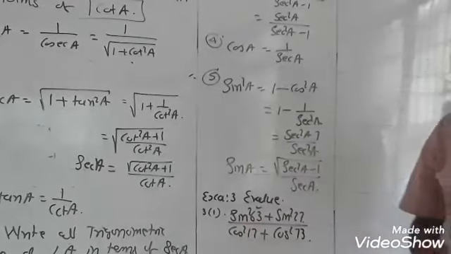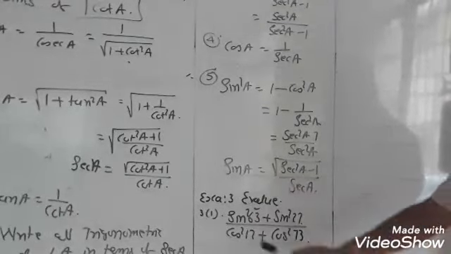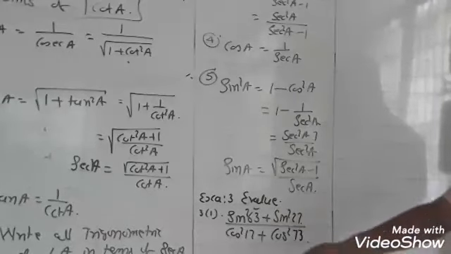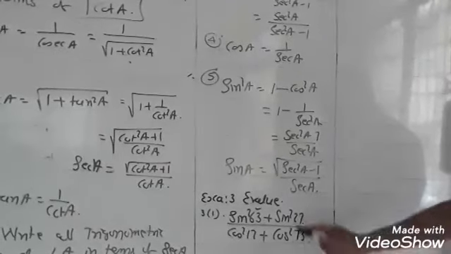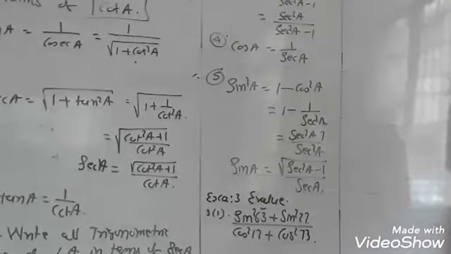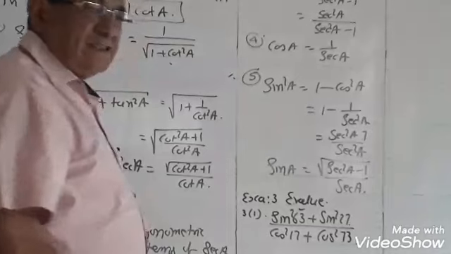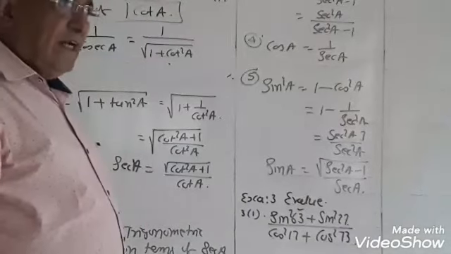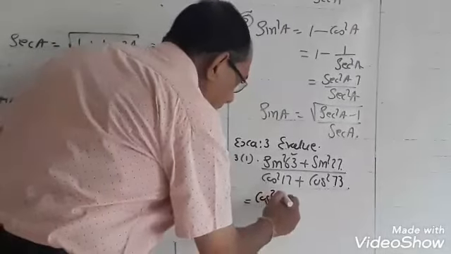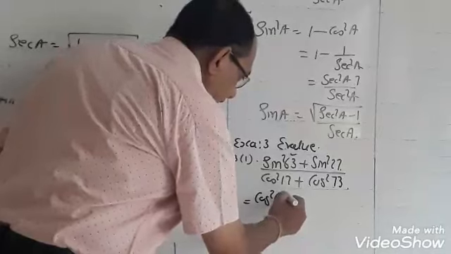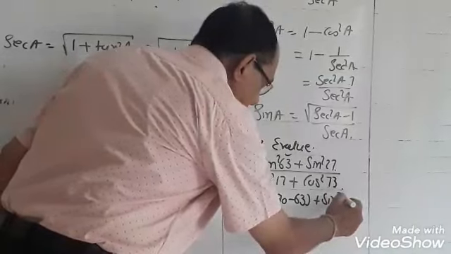Example number 3. Evaluate sin square 63 plus sin square 27 upon cos square 17 plus cos square 73. Either you change it. Sin square theta is equal to cos square of 90 minus theta, so I will take cos square 90 minus 63 plus sin square 27.